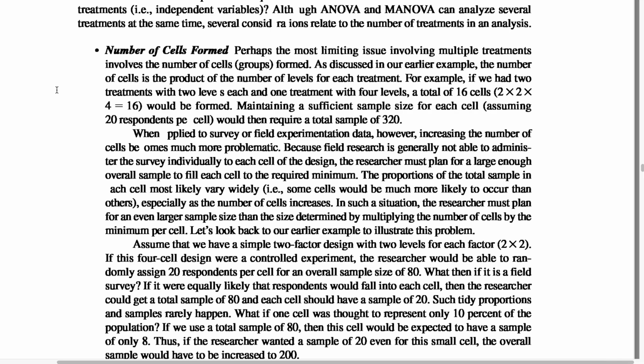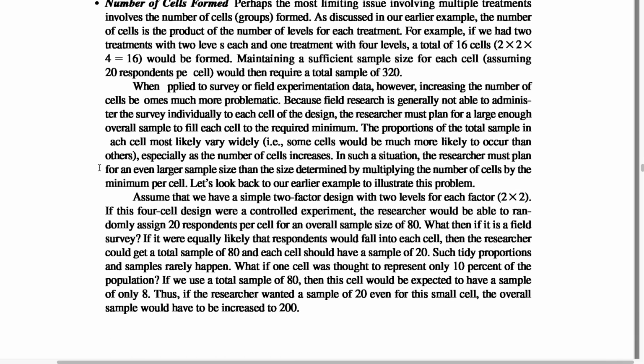What if one cell was thought to represent only 10% of the population? If we use a total sample of 80, then this cell would be expected to have a sample of only 8. Thus if the researcher wanted a sample of 20 even for this small cell, the overall sample would have to be increased to 200.